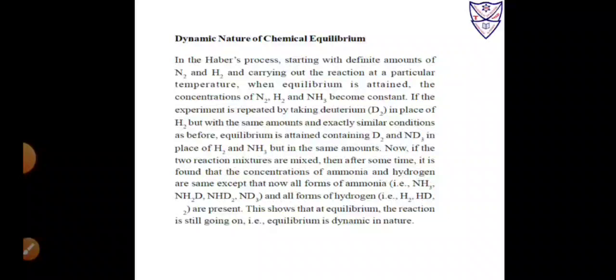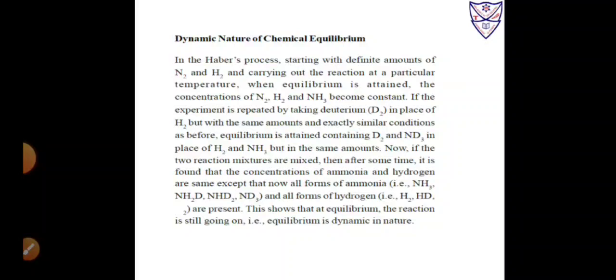Now, what is the dynamic nature of a chemical equilibrium? In the Haber process, what is the Haber process? A scientist named Fritz Haber invented a reaction for the preparation of ammonia from nitrogen and hydrogen.